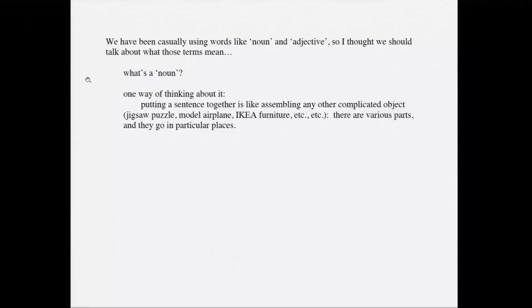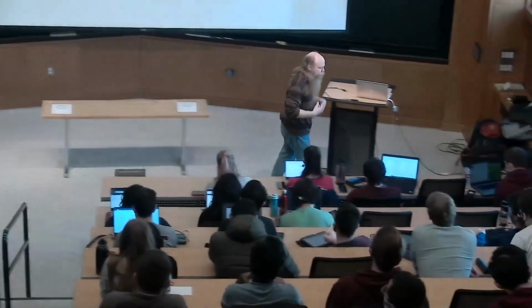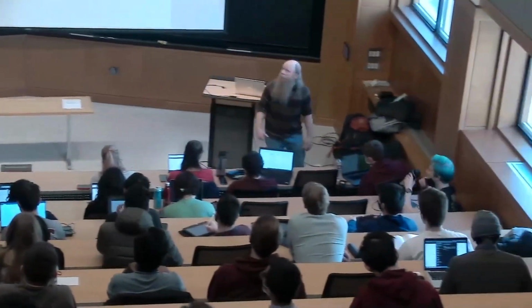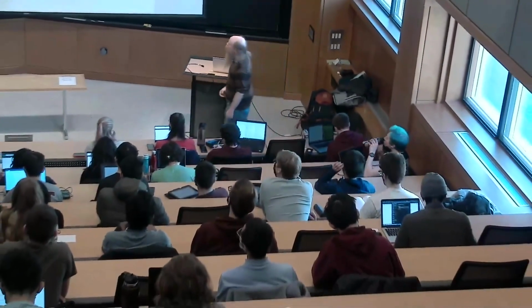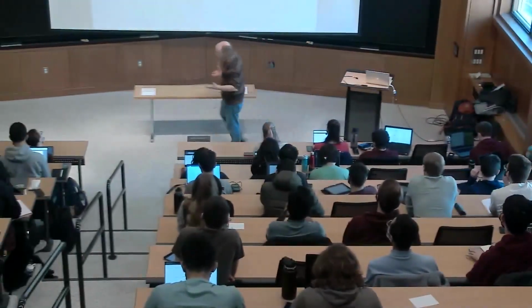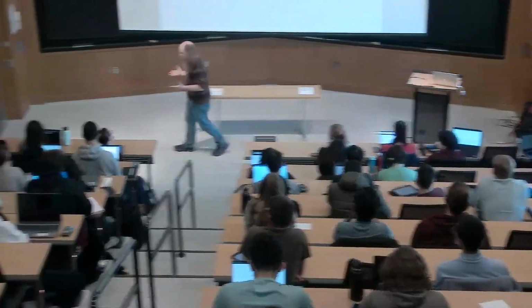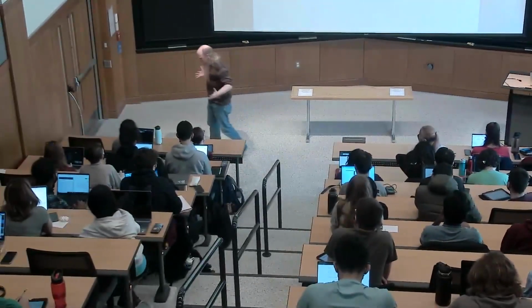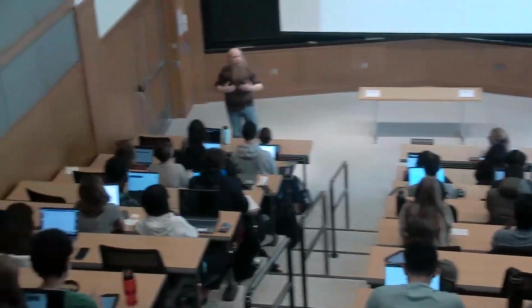If you're making a sentence, putting a sentence together is like putting together any other complicated thing with lots of parts. Take your favorite example of that, a jigsaw puzzle or a model airplane or IKEA furniture, if you've ever assembled that. They have different parts with different shapes that go in different places, right?